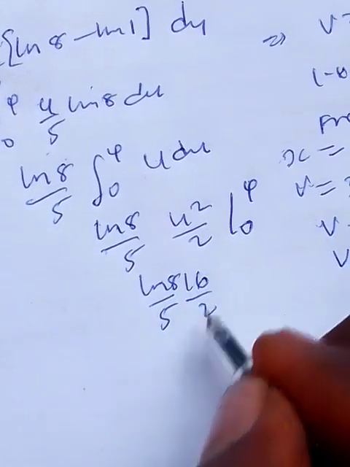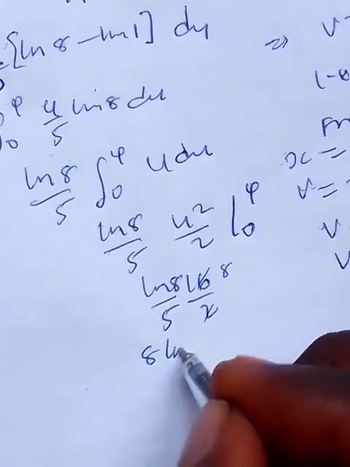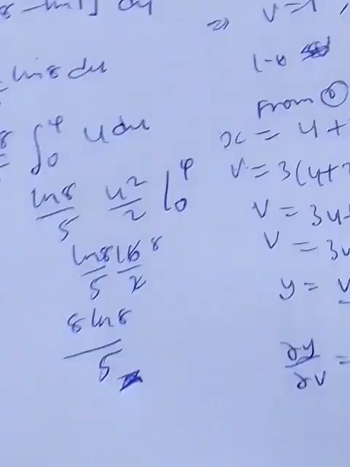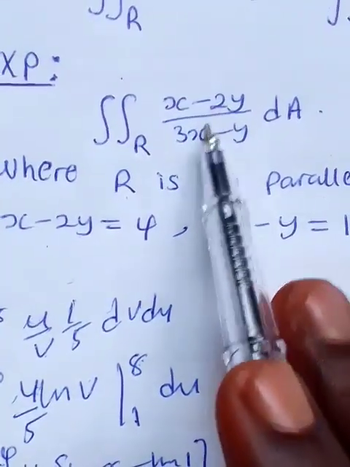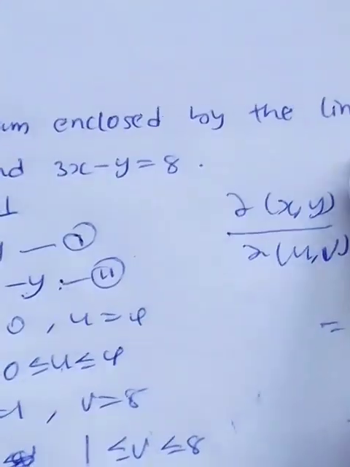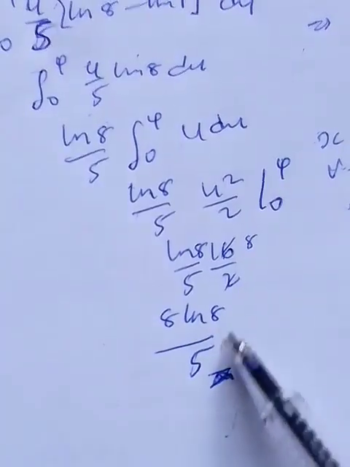So this is 8, and we have 8 ln 8 over 5, which is our final answer. So when we evaluate this double integral, the quotient of x minus 2y over 3x minus y, where R is the parallelogram enclosed by these lines, the final answer is 8 ln 8 over 5.